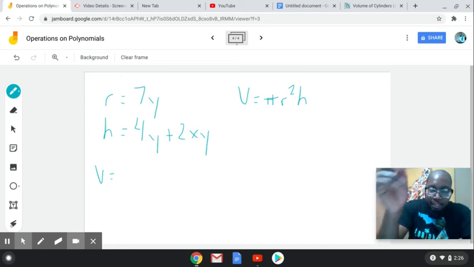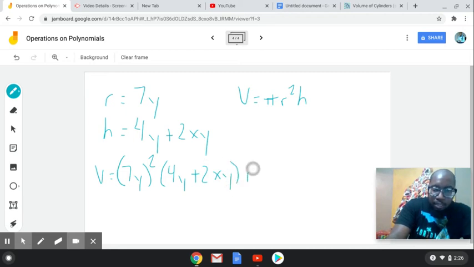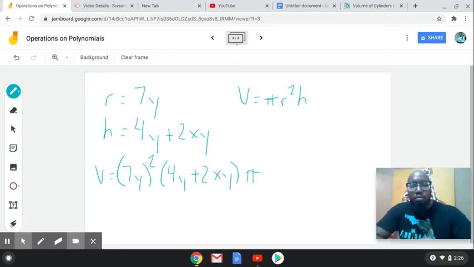I'm gonna put pi at the end of the equation. So this is going to be 7y squared, because that's my radius, times the height, which is 4y plus 2xy. And then pi is going to be at the end because we're not really going to use that part.